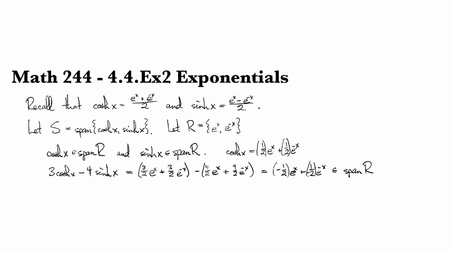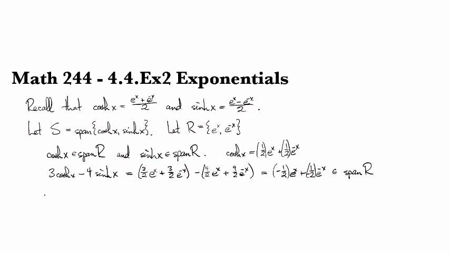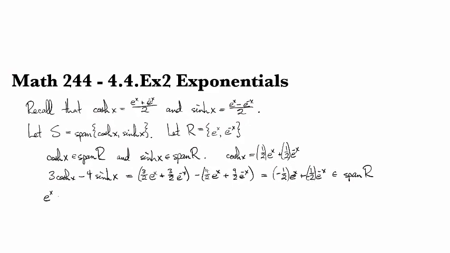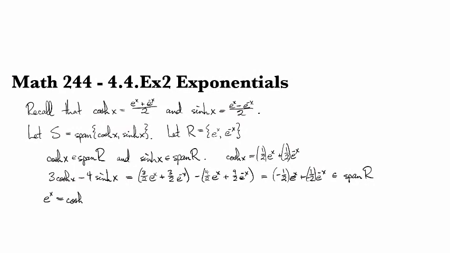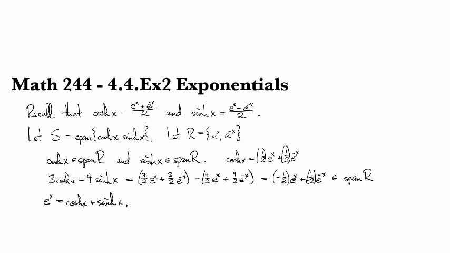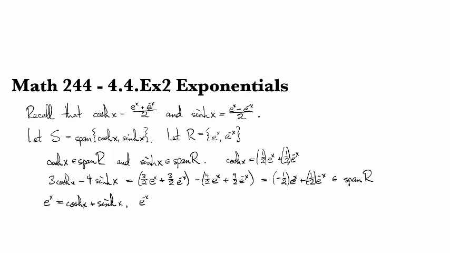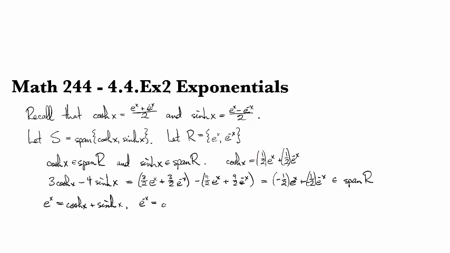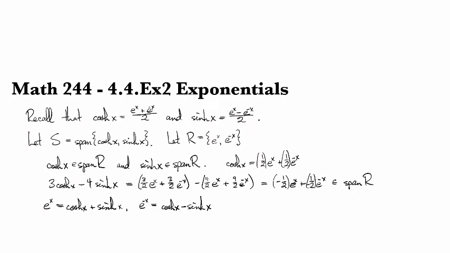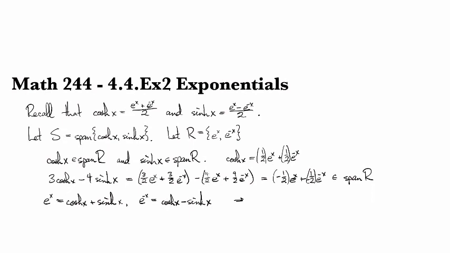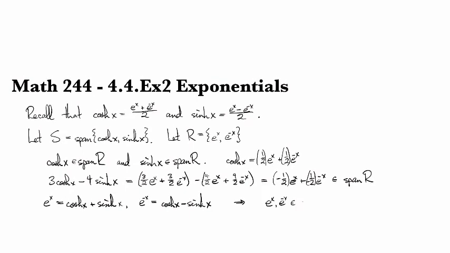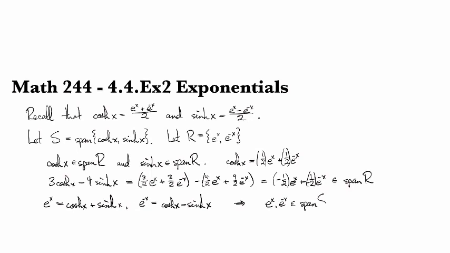But then at the same time, we have that e to the x can be written as cosh x plus sinh x, and e to the negative x can be written as cosh x minus sinh x. And so that tells us that e to the x and e to the minus x are in the span of cosh and sinh.